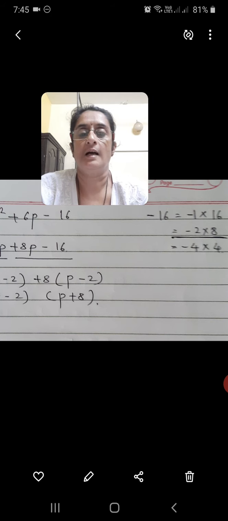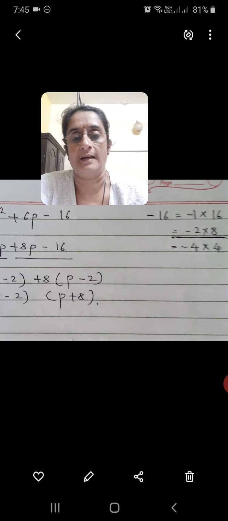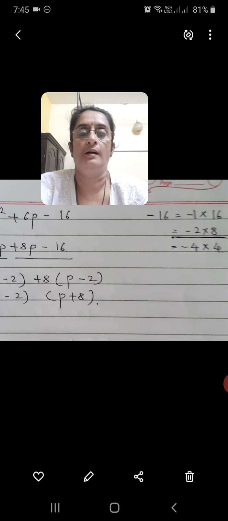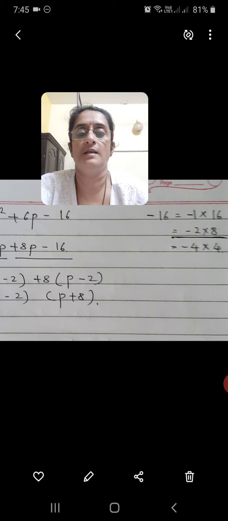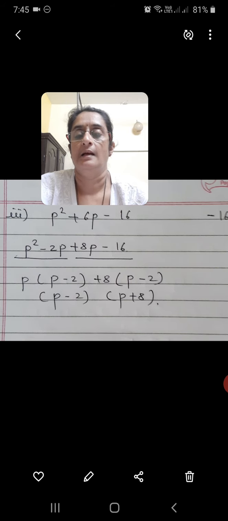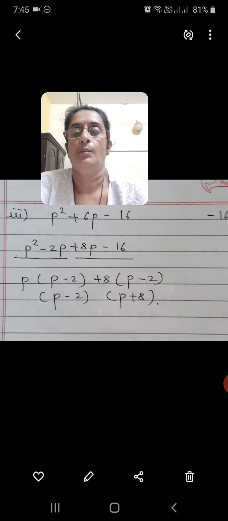So out of these 3 pairs, we'll take 8 and 2. We need plus 6, so what do you have to do? Minus 2 plus 8 gives us plus 6. So how have we split the middle term? P square as it is, minus 2p plus 8p, minus 16.